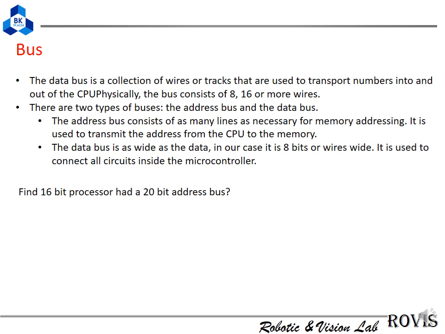So we can have an 8-bit bus or a 16-bit bus, meaning the bus has 8 wires or 16 wires. The bus has two types: the address bus and the data bus. The address bus is for memory addressing, so it transmits the address from the CPU to the memory.